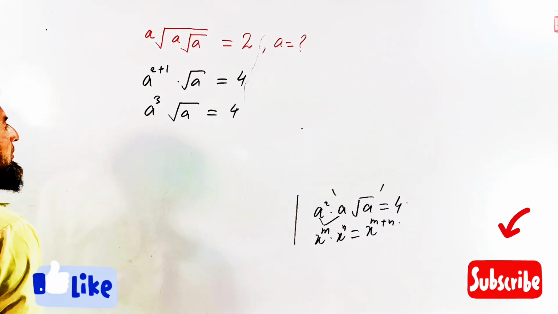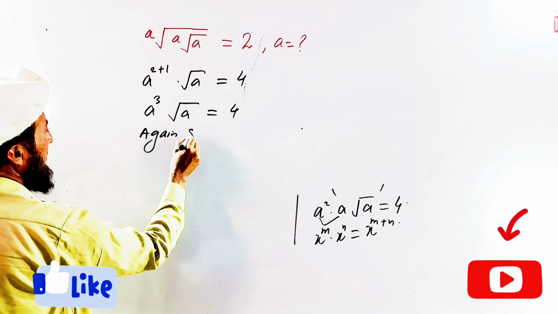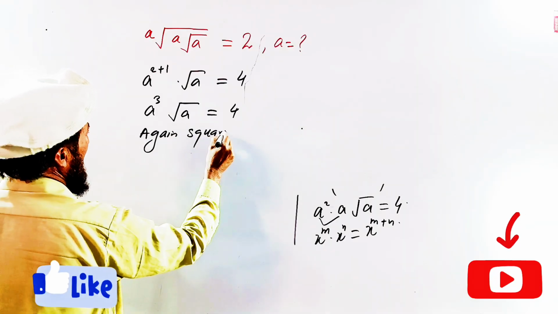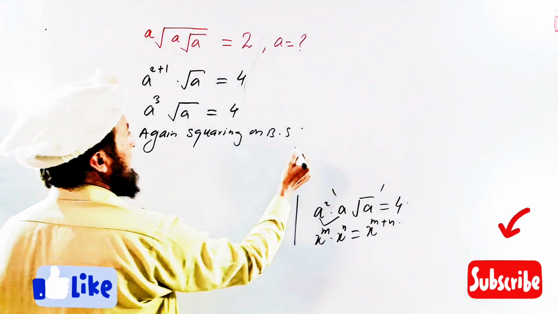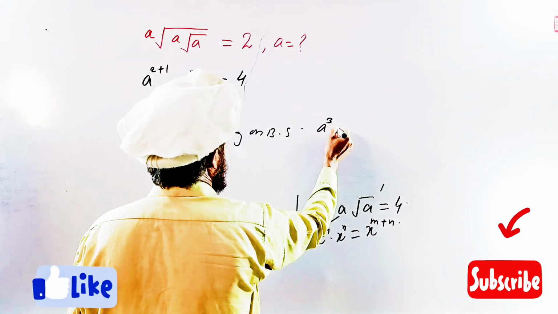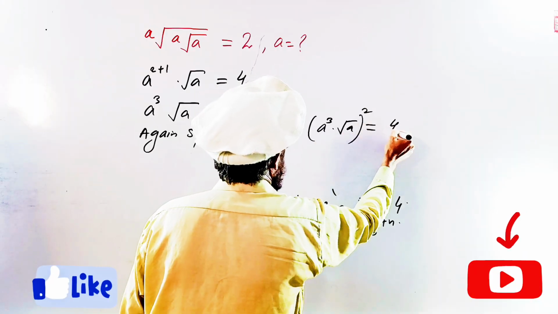Now again we take squaring on both sides, so we get a cube into the square root of a is equal to 4 square.